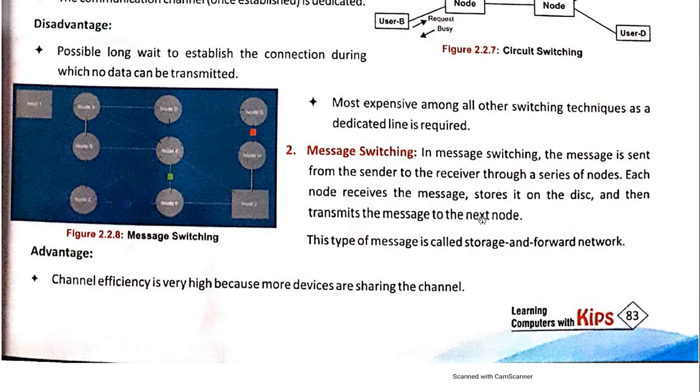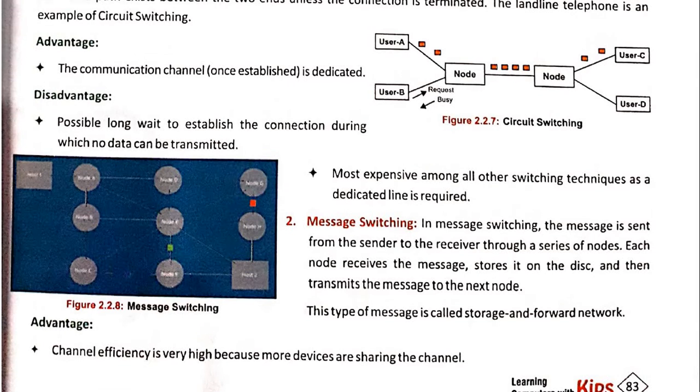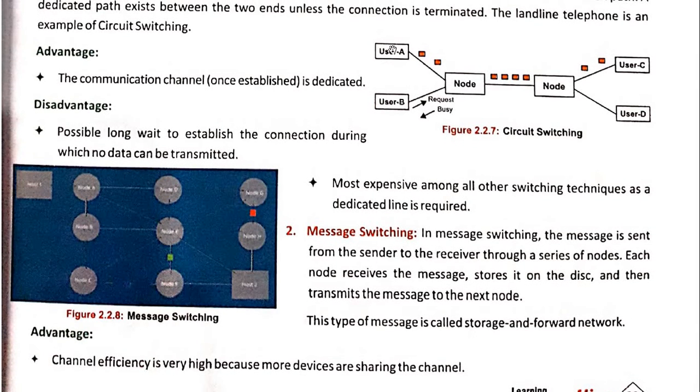What is the main difference between message switching and circuit switching? You can see, in message switching, the message is sent from the sender to the receiver through a series of nodes, meaning there are different nodes through which the message travels. But in circuit switching, the message goes directly through the dedicated nodes meant to transfer the data from A to C here.